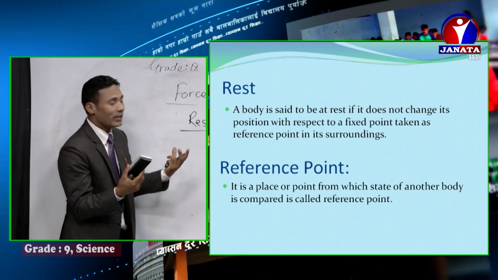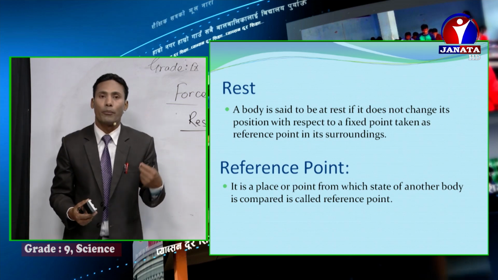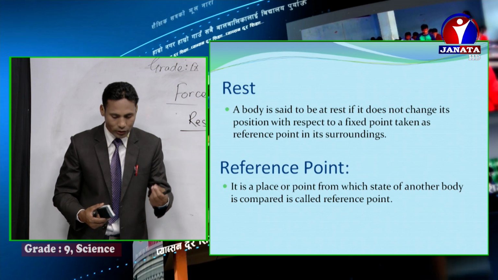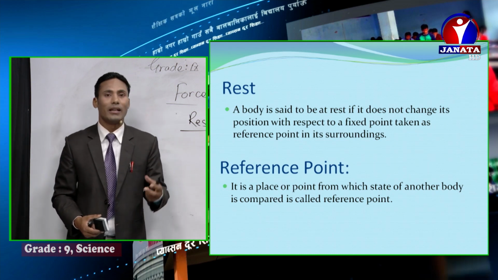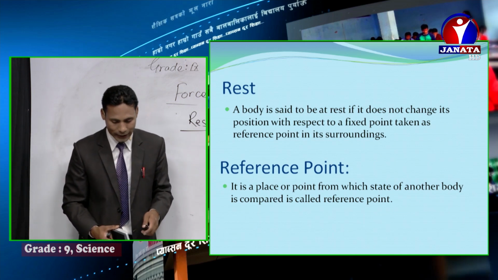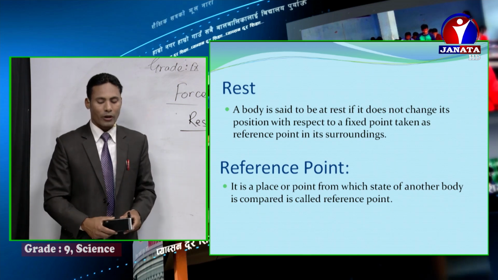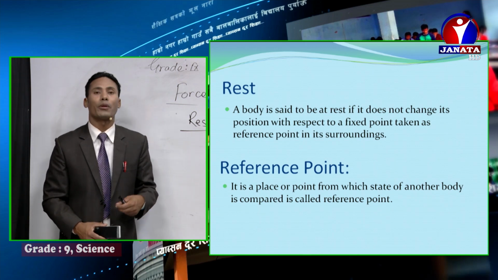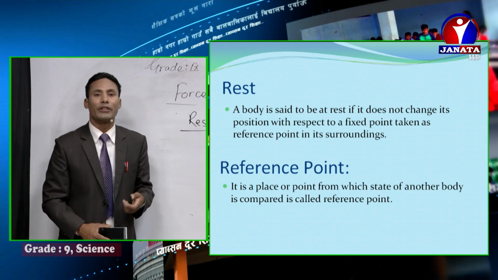So what is the reference point? The reference point is the place or point with which we state the state of the object with respect to the other. What I mean is, it is the point or place from which the state of another object is compared. That is called the reference point.